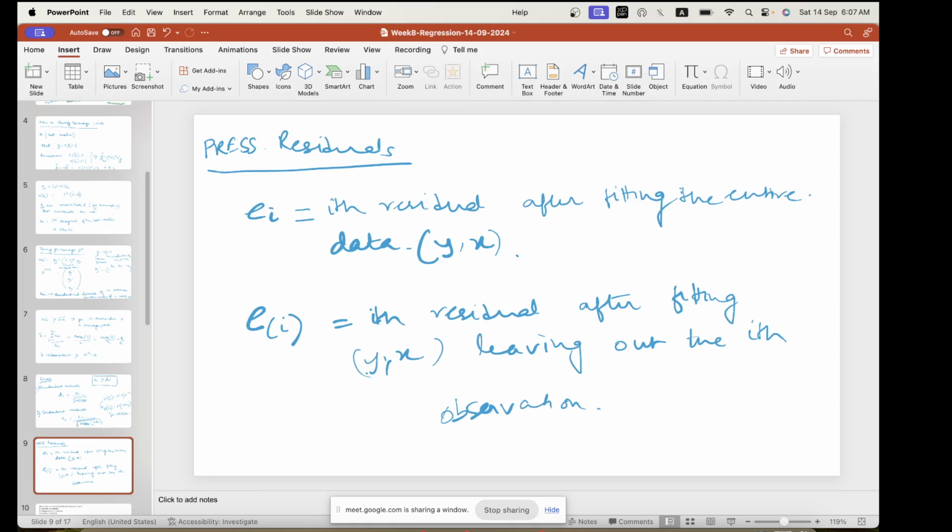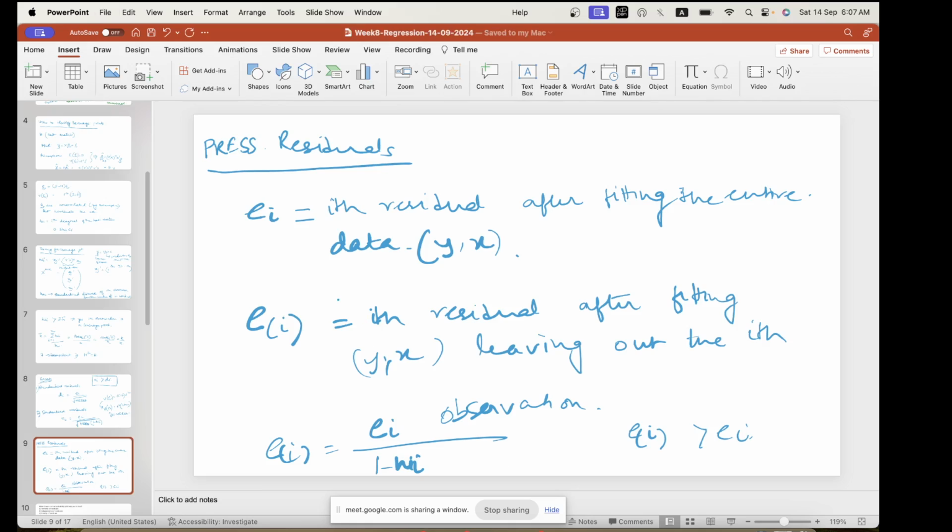Okay, and we showed that it is equal to the residual divided by 1 minus Hii. So in this case as well, the press residual is usually greater than the ordinary residual. Alright, fine.